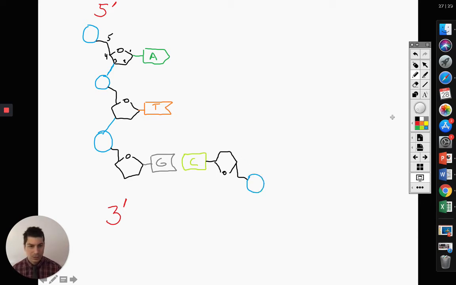We're still going to have, if I put my carbons in, this is carbon 1, 2, 3, 4, 5. Okay. And then this one's going to connect to our next phosphate here.